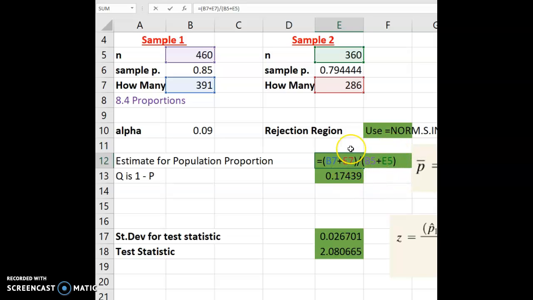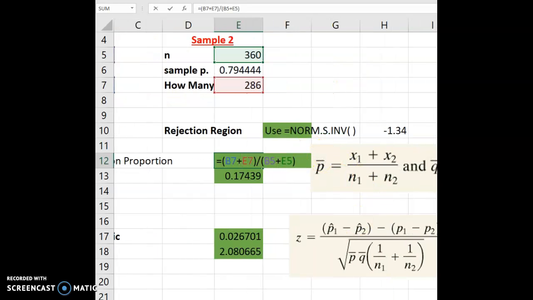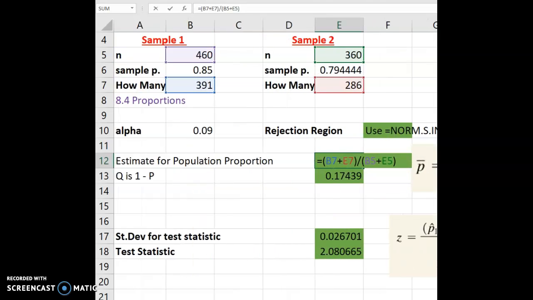So kind of pooling both the samples together basically into one big group is P bar, our estimate for the population proportion. And then you just do 1 minus that to get our Q bar.